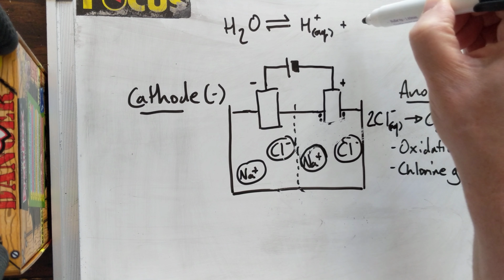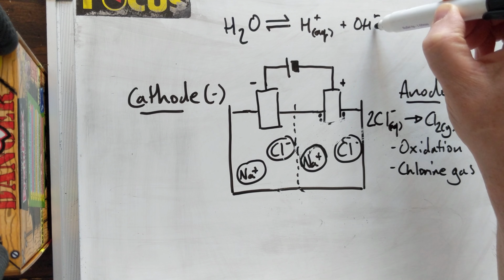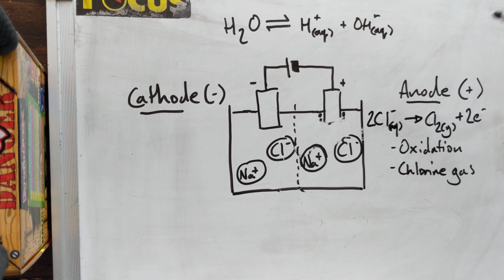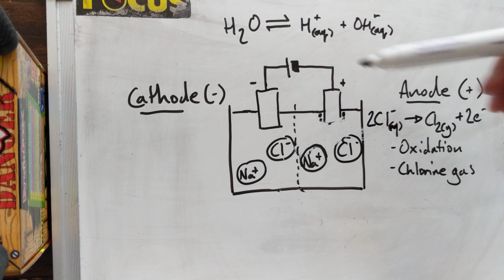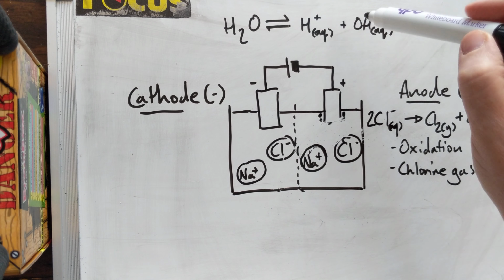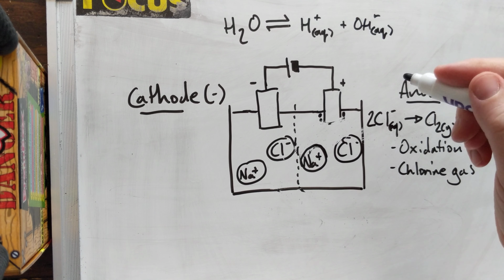So we have automatically some H⁺ and some OH⁻ ions. Okay, and you can see that's a reversible reaction, and it's happening constantly. So it's at equilibrium, and it's only a tiny, tiny proportion of the water that is split. But there is some, and that's really important that there is some.